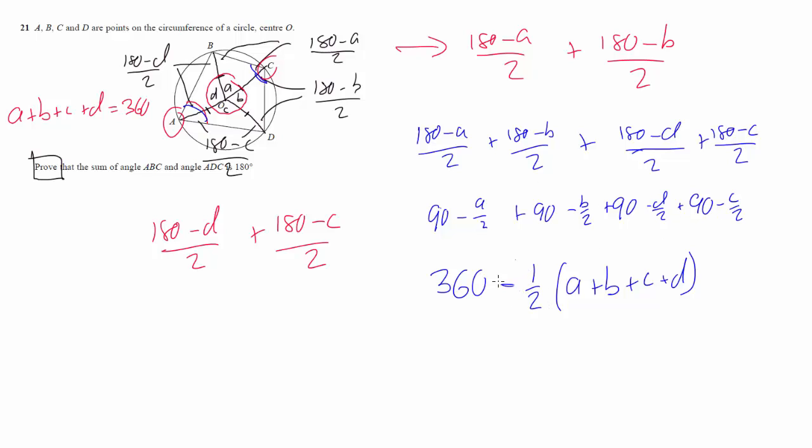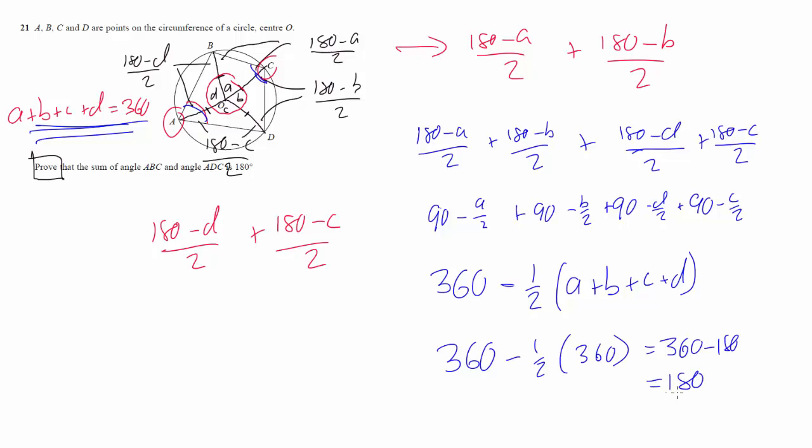So expanding this, that would give me minus a half A, minus a half B, minus a half C, and minus a half D. And so I already know that A plus B plus C plus D from up here is 360. So I've basically got 360 minus a half of 360, which is 180. So 360 minus 180, and that's 180.